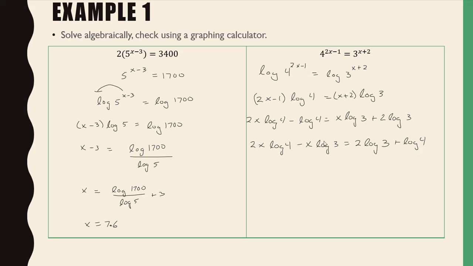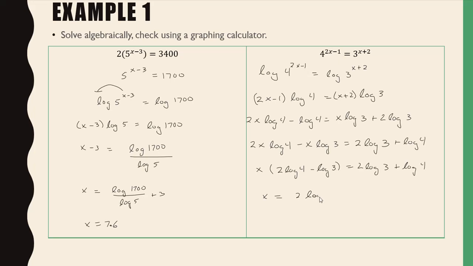Now that x is in both of these terms, I can factor the x out. So we're left with x(2 log 4 minus log 3) equals 2 log 3 plus log 4. Now I can just divide both sides by 2 log 4 minus log 3 to determine what x is.